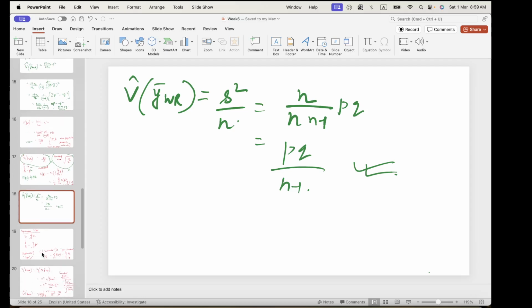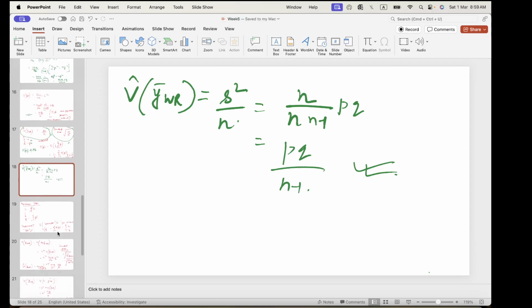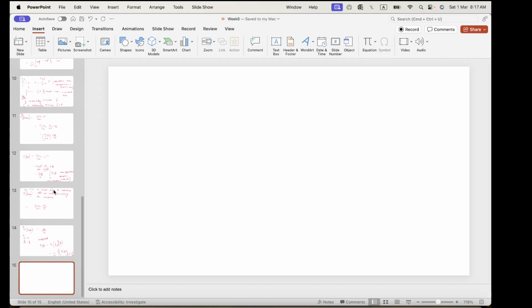All right. Now once we have this, all of this was with regard to population proportion. Now what is going to happen if we have population total?